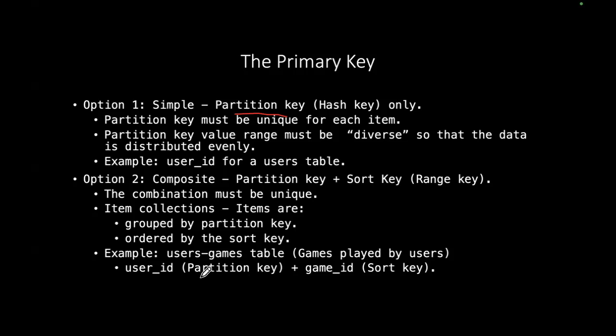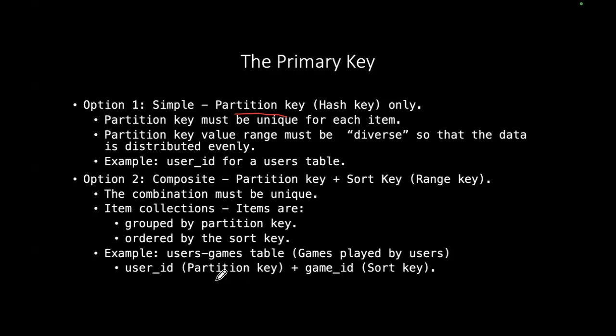So there'll be multiple records with the same partition key, and the game ID then will make each item unique when you combine it with the user ID. So again, that's a fairly straightforward example of a composite primary key.